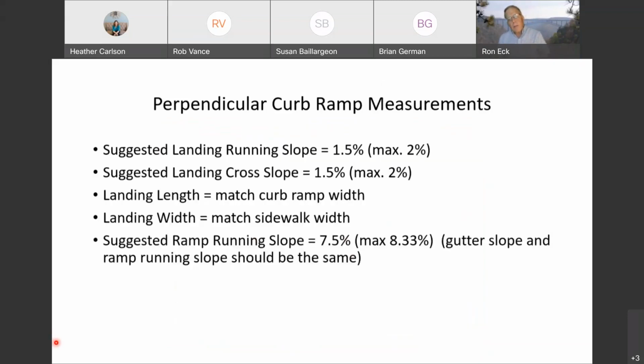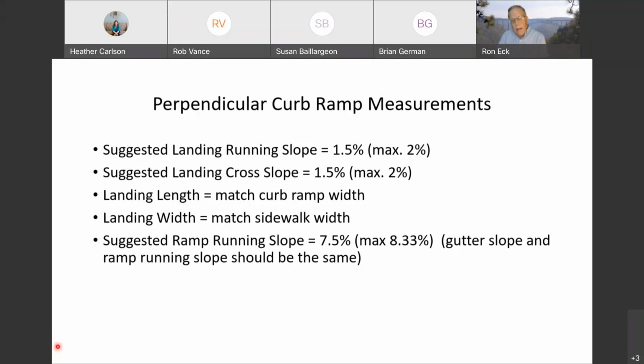In terms of measurements, I've talked about how the maximum cross slope is 2%. That is a maximum. There's no allowance for construction tolerance. So if your designers or your concrete crews say the best I can do is plus or minus 0.5%, I recommend designing these for 1.5% so that when they're built, they won't exceed 2%. So that's why you see my suggested landing running slope and landing cross slope are 1.5%.